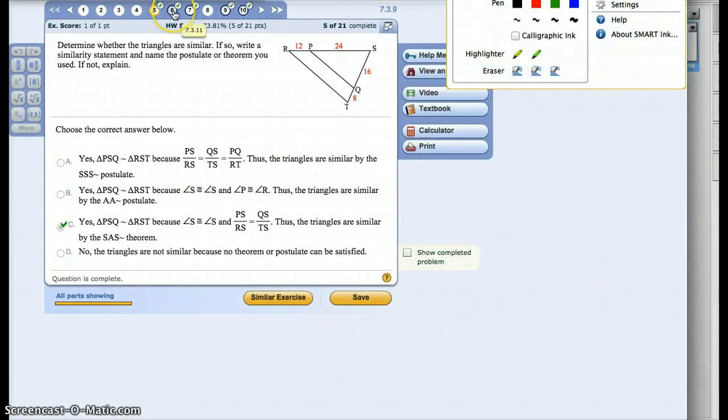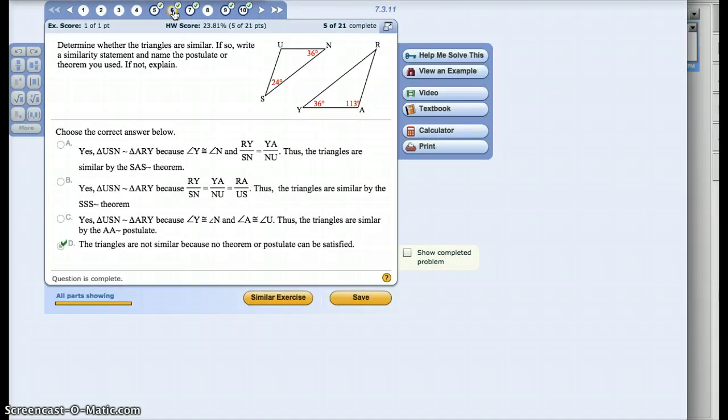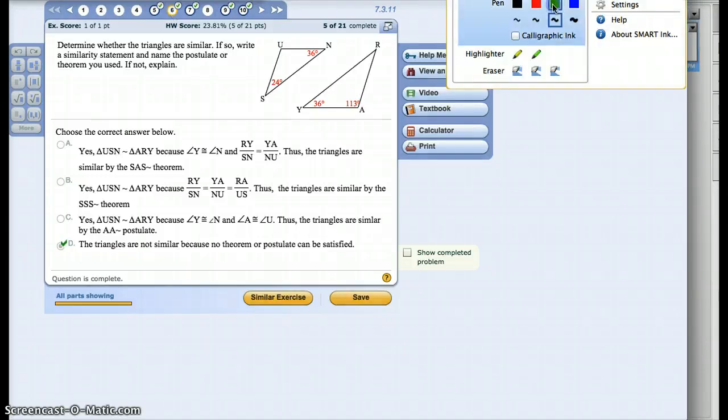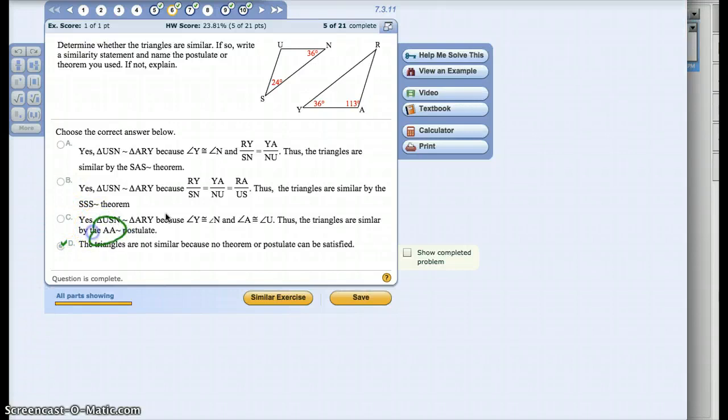All right, the next one that my student requested was problem number 6. This is very similar. This one appears like it's going to be angle-angle because they gave you two angles, but you have to check it. First of all, remember the three angles of a triangle add up to 180 degrees.